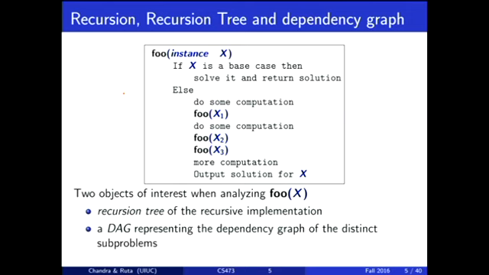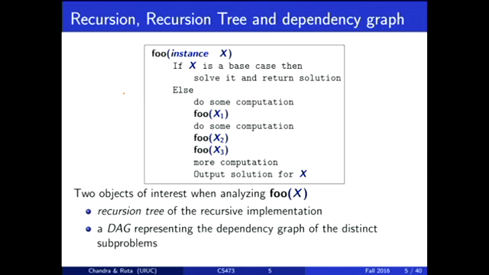If it's not a base case, then you do some work and call yourself recursively on some smaller problem. Maybe you'll call it multiple times, not once: foo x1, then foo x2, then foo x3. And then from the solutions for these 3 or 4 or however many recursive calls on smaller instances, you put together the solution for x. That's typically some recursive thing, right?